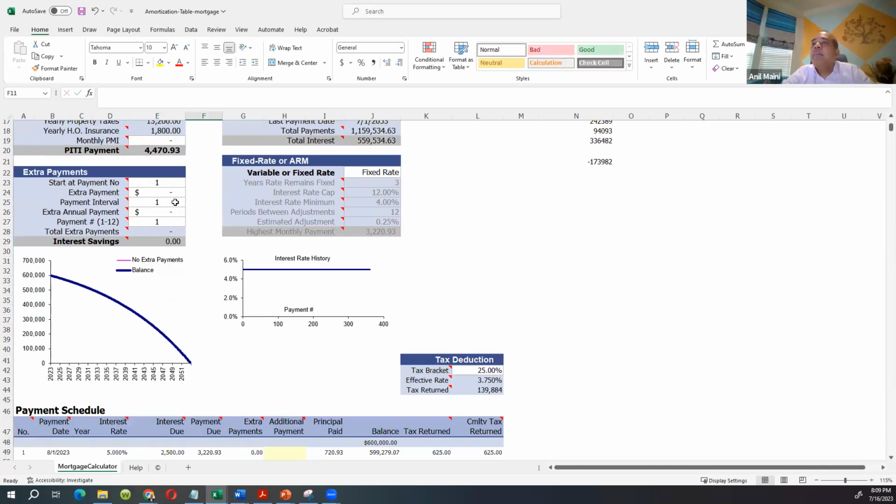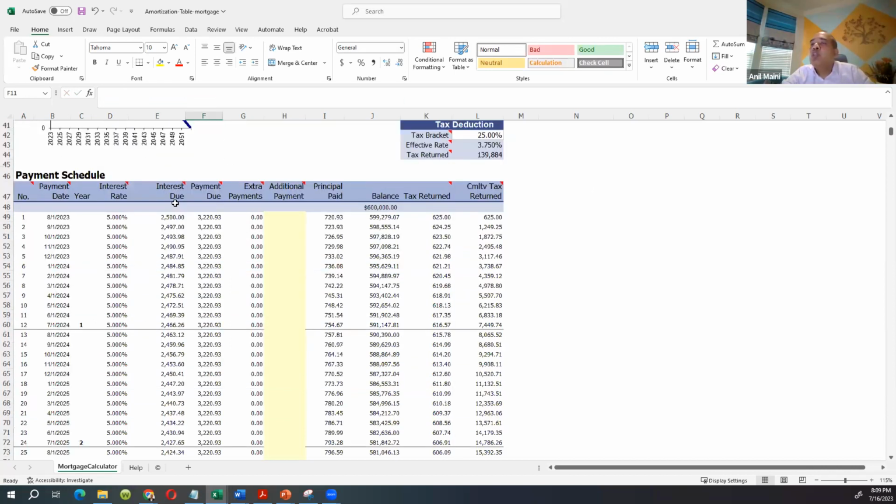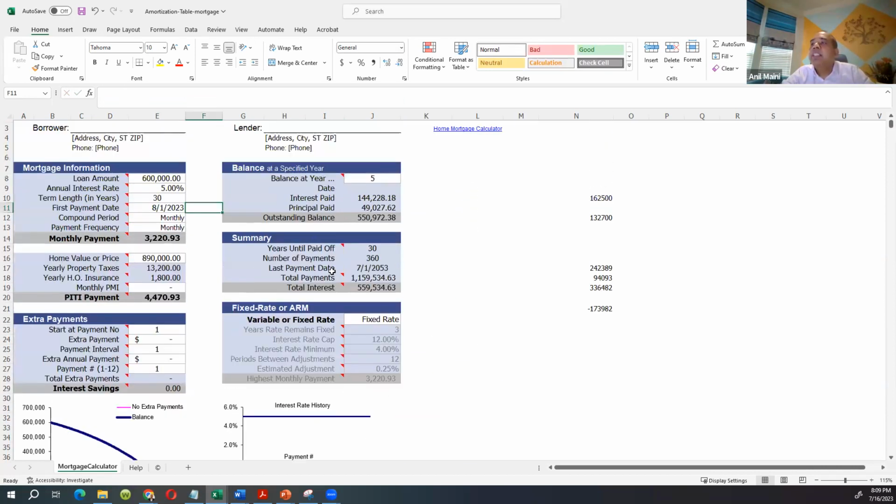Now this table will tell you how much money over the years in total payments you will make: in 30 years it will be 1.1 million. Out of that, total interest will be 559K.